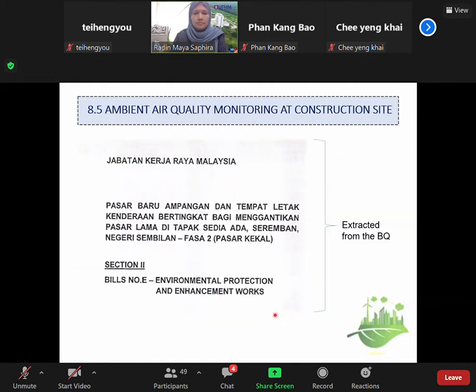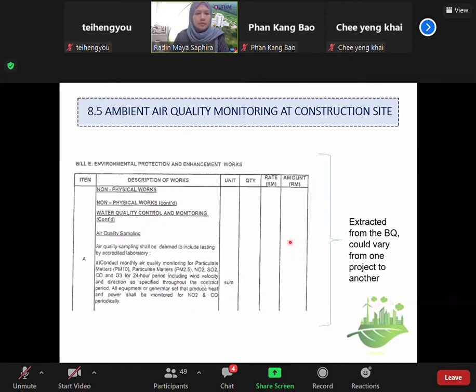Okay, this is an example of the procedure from the JKR Malaysia about the construction at the Bandar Besar Baru, Ampangan and tempat letak kenderaan bertingkat in Seremban. So we need to state the non-physical works. One of it is the air quality sampling.